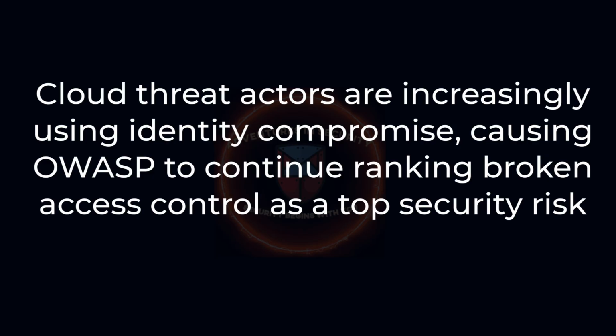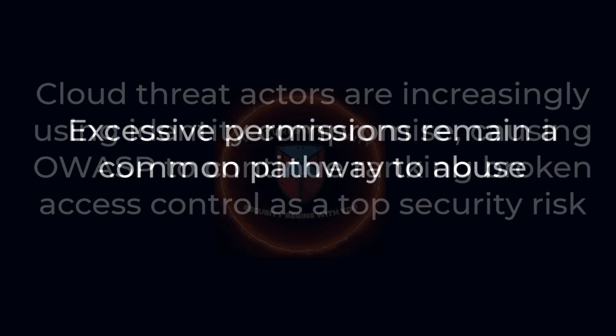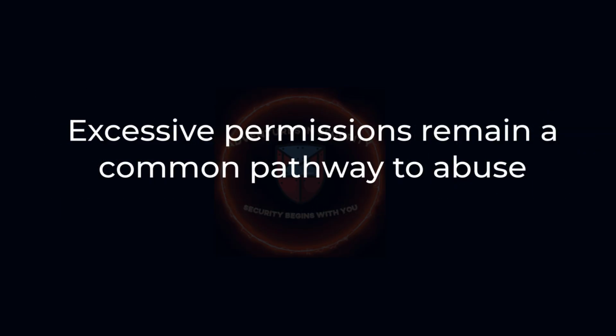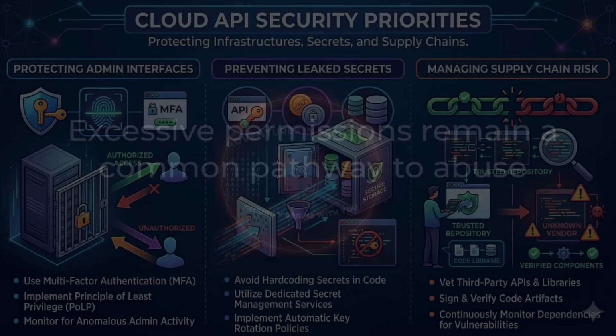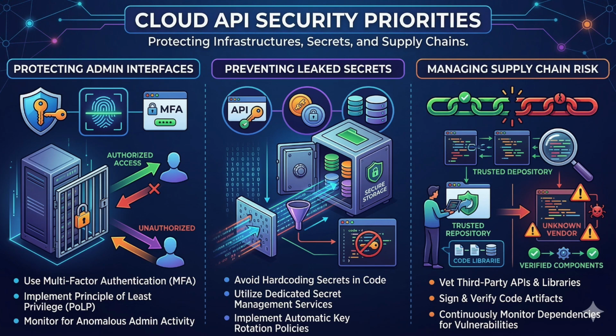Access control failures are also critical. OWASP continues to rank broken access control at the top of major security risks, and excessive permissions remain a common pathway to abuse. Other recurring threats include insecure APIs, exposed administrative interfaces, leaked secrets, and software supply chain risk.